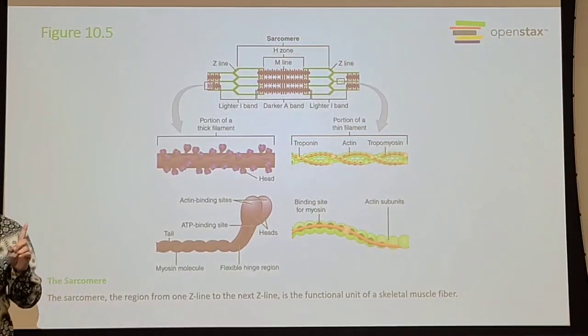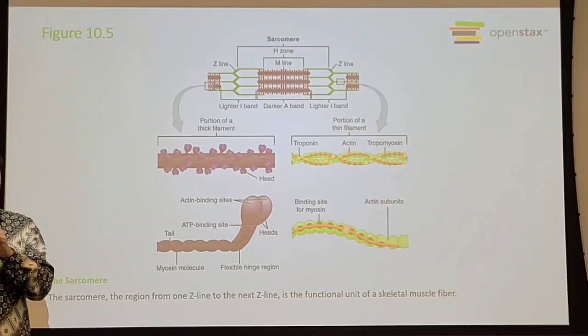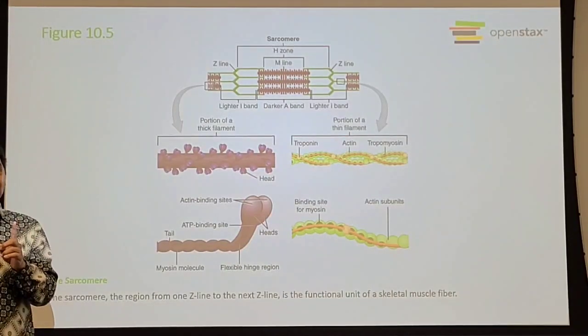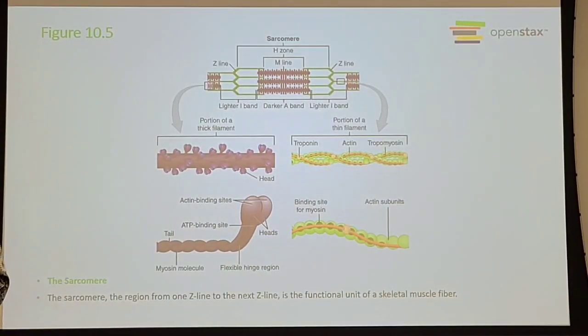It will reach the cytoplasm of the skeletal muscle, what do you call that? Sarcoplasm, reaching the sarcoplasmic reticulum, SR, which is the one that stores the calcium. It will open the calcium channel on the SR.